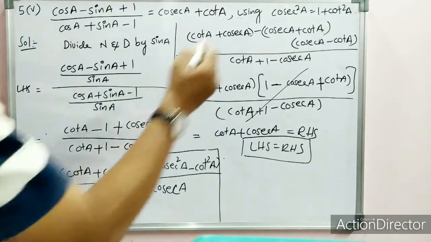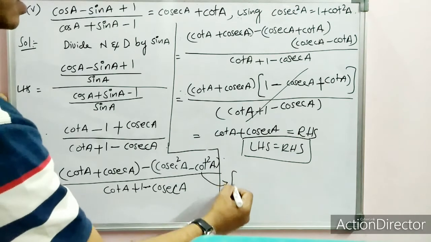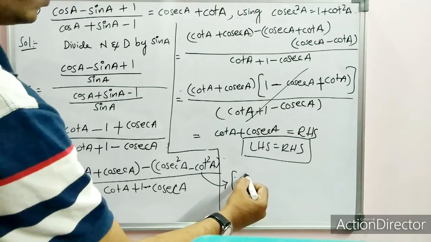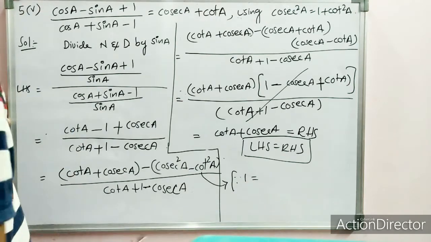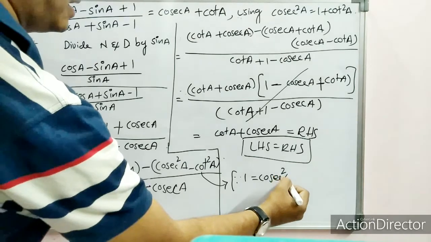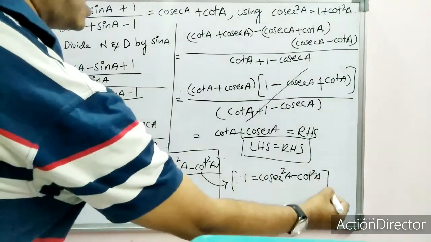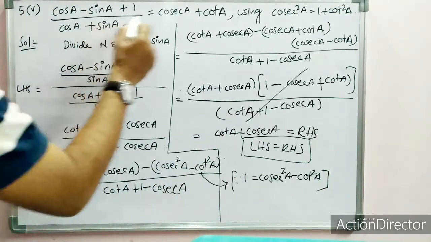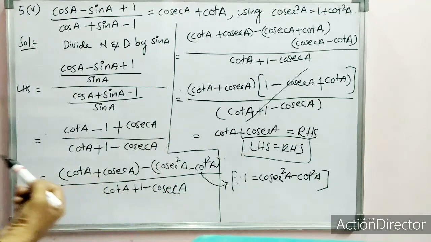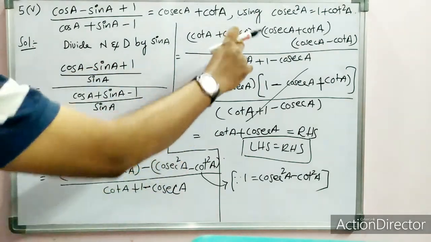Just remember, here I used the formula 1 equals cosecant square A minus cot square A. This identity I used. This is the answer. You see, it is simple, only 5 steps: 1, 2, 3, 4 and 5 steps.